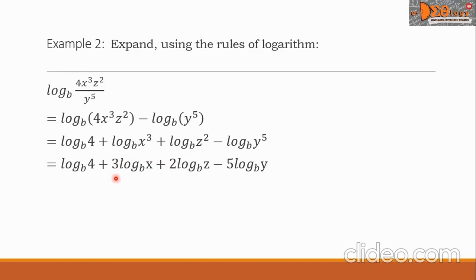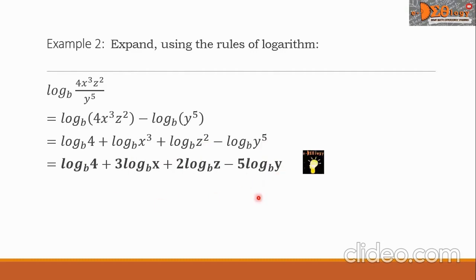So we have 3 log of x to the base b, then plus the power 2 comes down as a factor, so we have 2 log of z to the base b. Then minus the exponent 5 comes down as a factor, so we have 5 log of y to base b. So this is now our final answer.